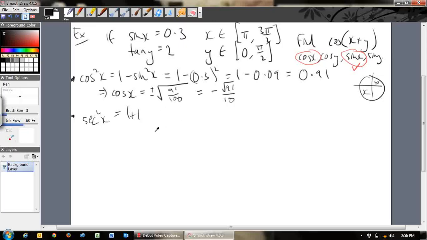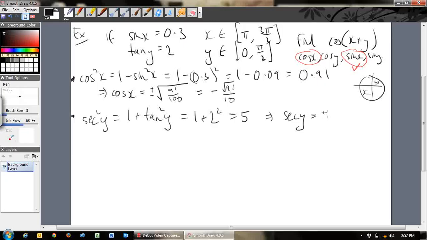In fact, I'll just write them as y, so don't get confused. I'll copy that down off the formula sheet. Sec squared y equals 1 plus tan squared y. Oh, I almost wrote x again. Equals 1 plus tan y is equal to 2, so 2 squared is 4, plus 1 equals 5. So sec squared y is equal to 5.